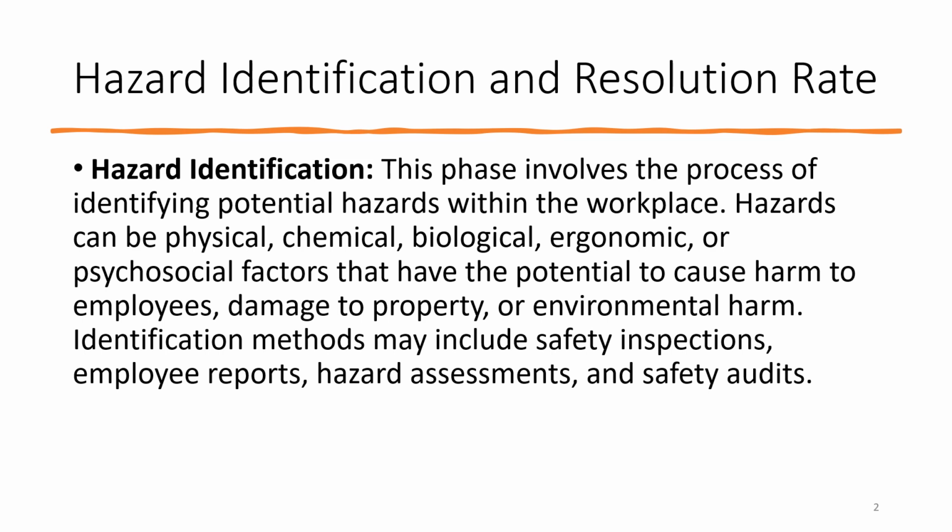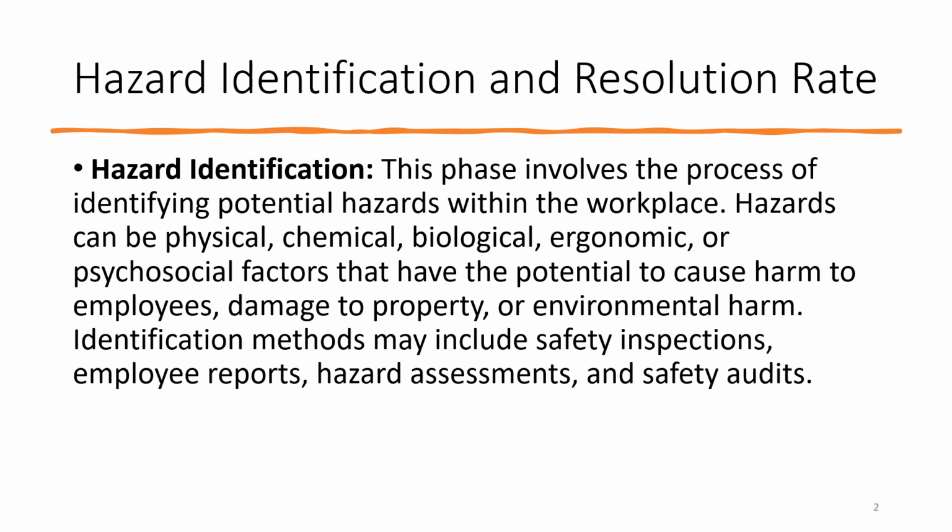Because if you're already 90 something percent good at it, that doesn't mean you can't get better. We can always get better at something, but maybe there's something that has a little more value in a positive and proactive way. And this is one of the ways, the hazard identification and resolution rate, that I think is a really good way of looking at doing a positive and proactive stance with metrics.